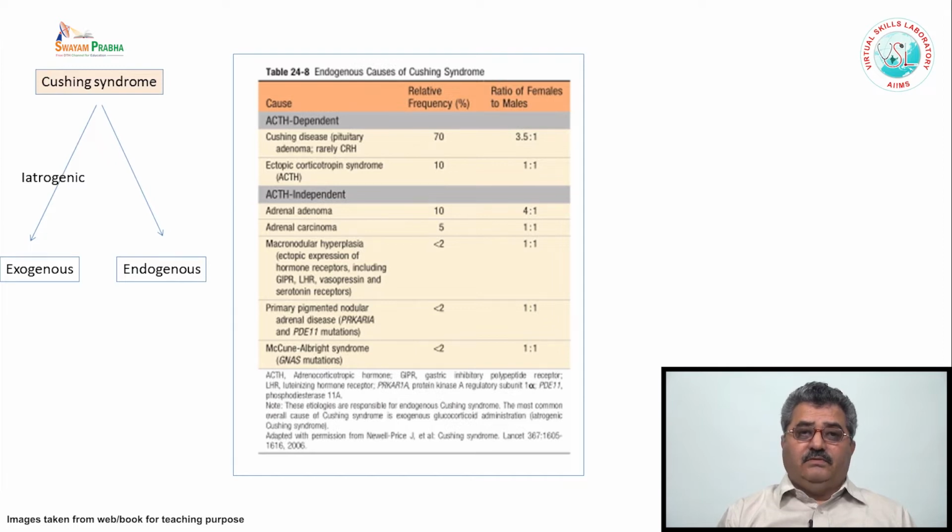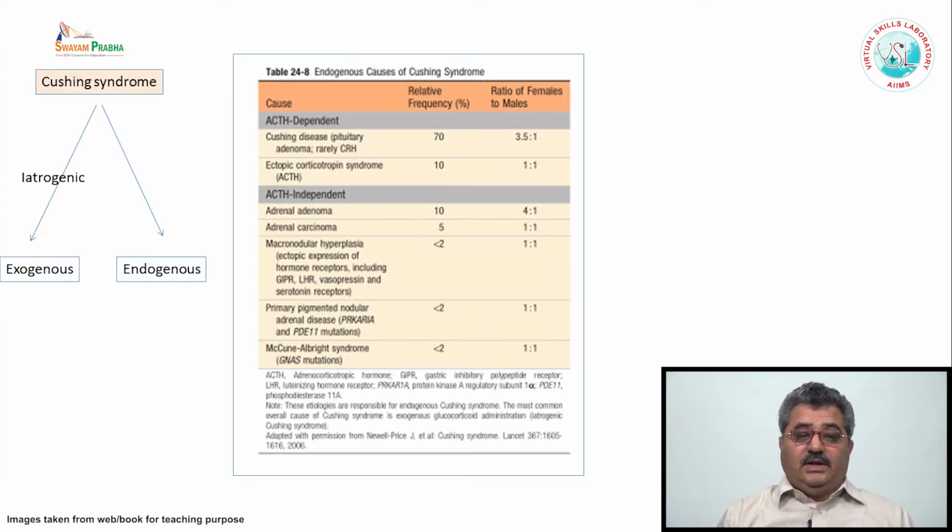The steroids are given for a large number of diseases as a part of treatment. These steroids cause the hyperfunctioning and they suppress the ACTH levels, and due to suppression of the ACTH levels, there is atrophy of the cortex. That's the most common cause of hyperfunctioning.